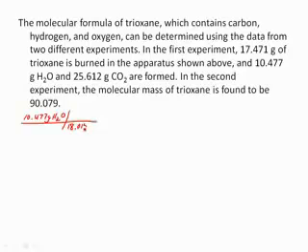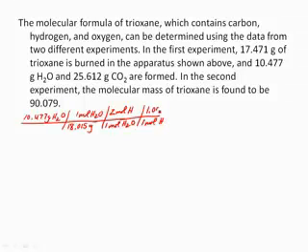The molar mass of water is 18.015 grams to 1 mole of water. For every 1 mole of water, I get 2 moles of hydrogen. And for 1 mole of hydrogen, I get 1.008 grams of hydrogen. So I can work it out that way.